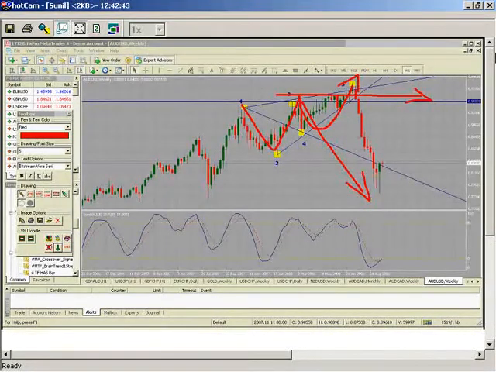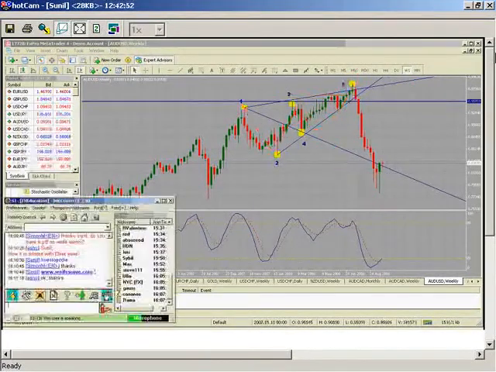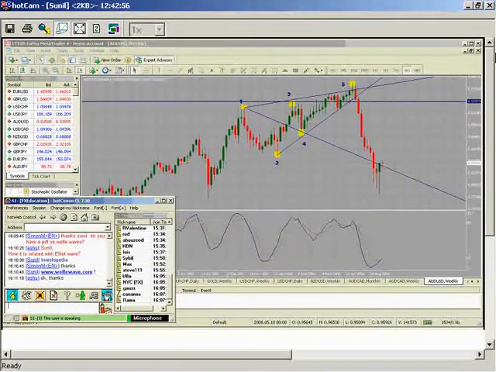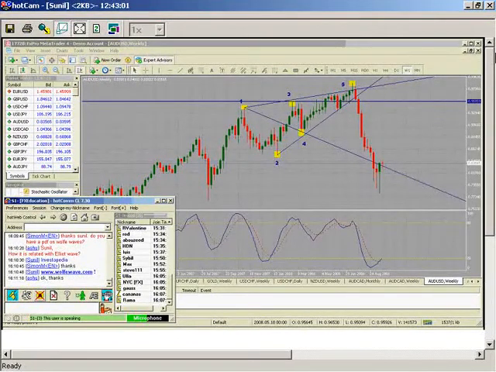And then price resumes the direction of the trend. Now these are the characteristics of 5-wave patterns. It's only with the intention of taking out the stops or taking out the amateur traders, the novice traders who are not really aware of the price movements.